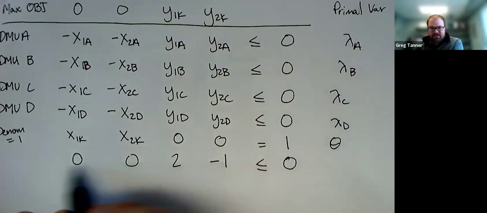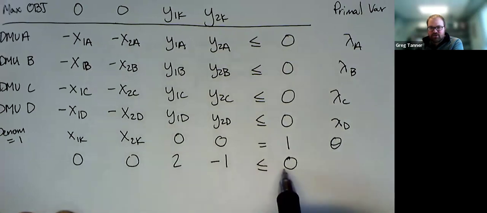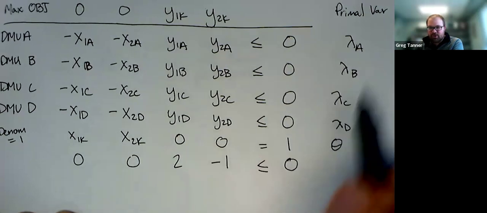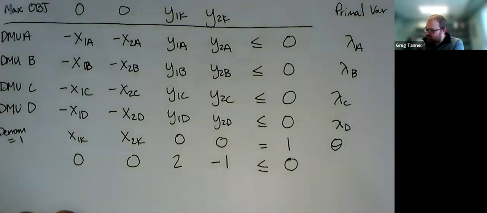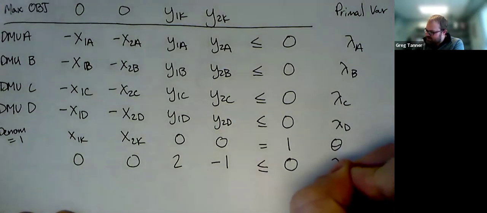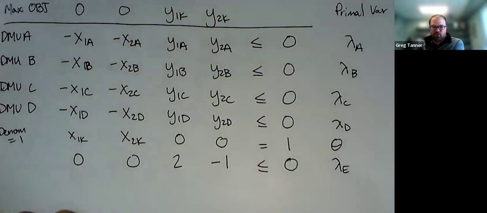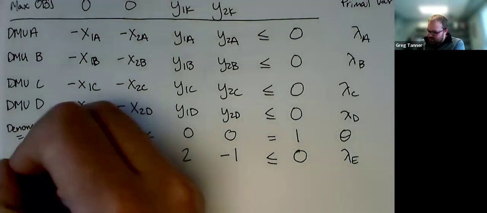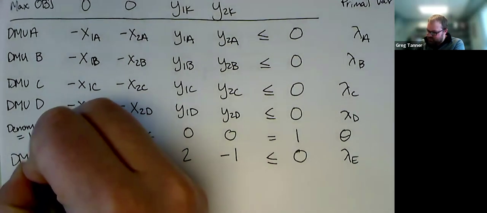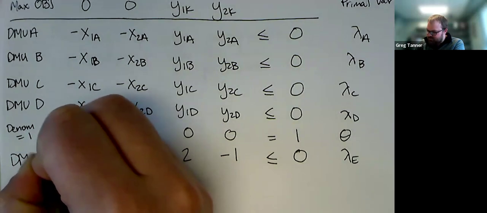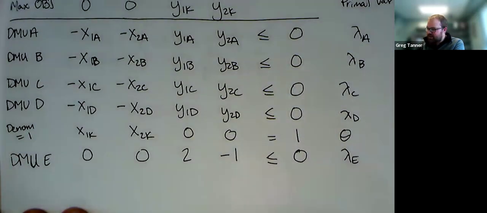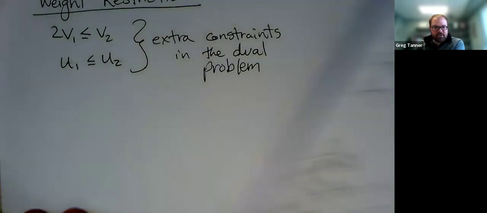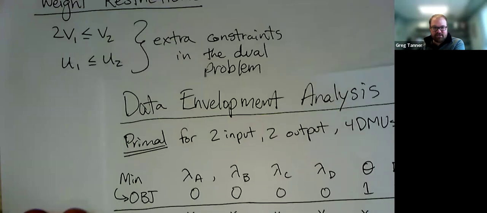What if we made this constraint here correspond to a DMU? Not one of the 4 DMUs that we already have, but let's introduce lambda E, the weight for an imaginary or hypothetical DMU. We'll call this row DMU E. Then that other inequality on our weights, U1 is less than or equal to U2.